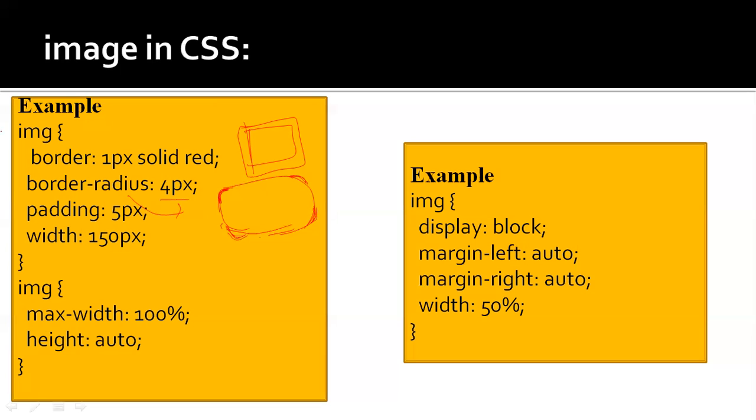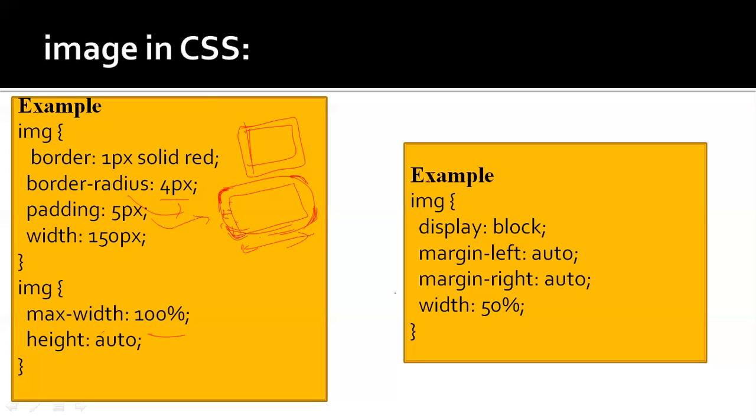Then padding means the image and the wall of this border have some distance, which is 5 pixels. And width of this image will be 150 pixels. If I write image max width as 100%, it means the image will cover the whole web page, and height is written as auto.